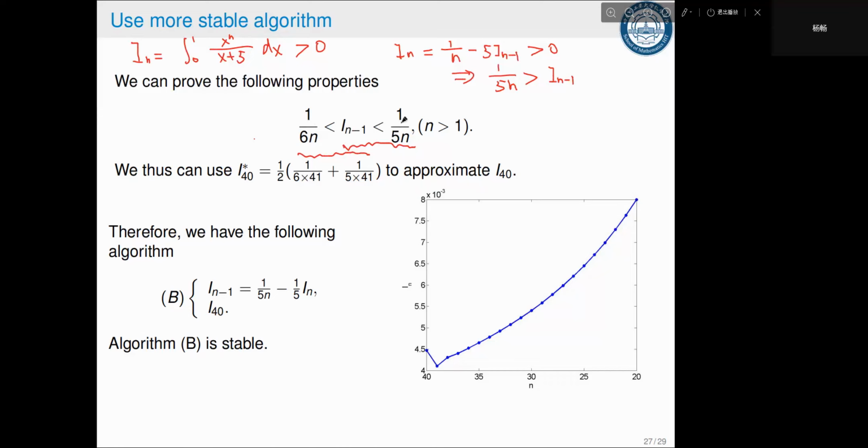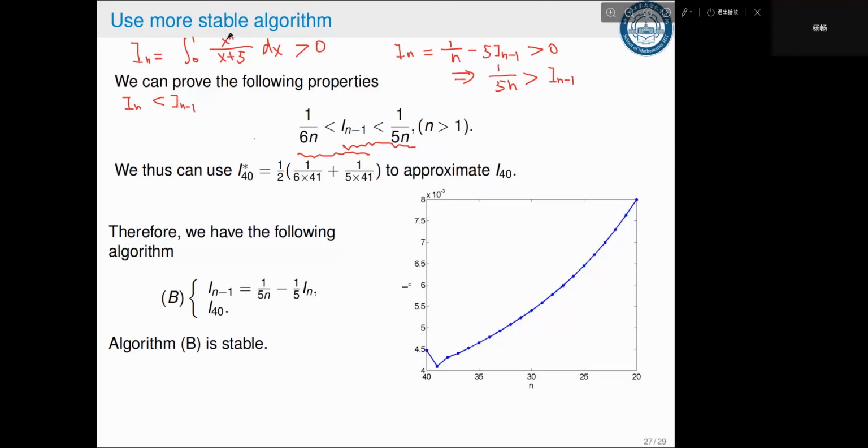That is because, thanks to the definition of I_n, we can find I_n is smaller than I_{n-1}.